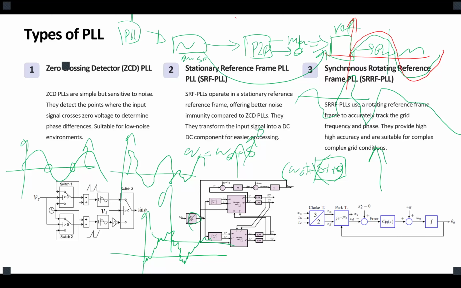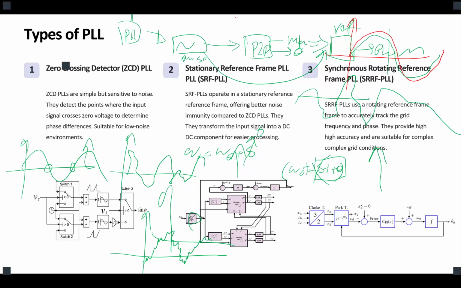A stationary frame works with a transformation of three-phase to the DQ system. Inherently, within that transformation, this SRF assumes that all three phases are balanced with each other.